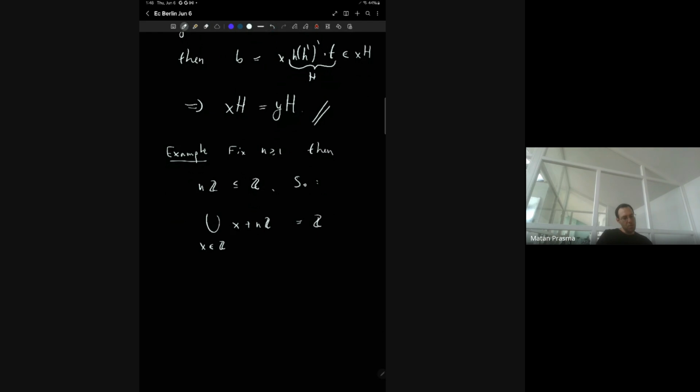But I remind you, we said before the break that this collection of cosets has a lot of repetitions. And we would like to pin down exactly when there is a repetition. This is the following lemma.